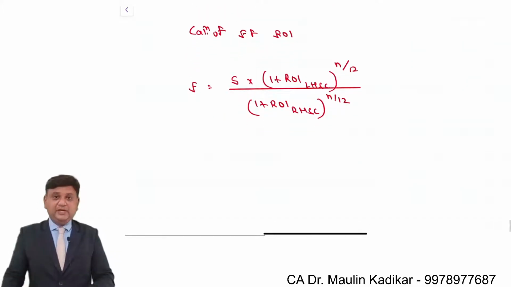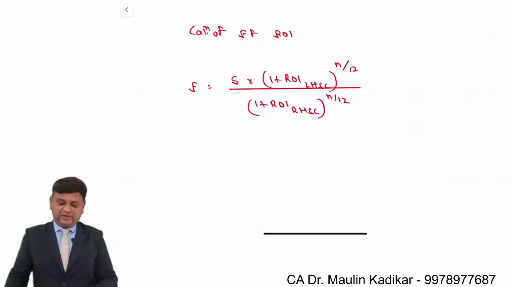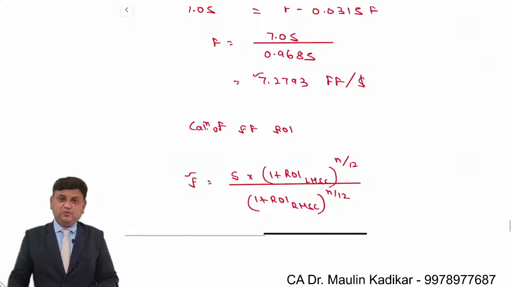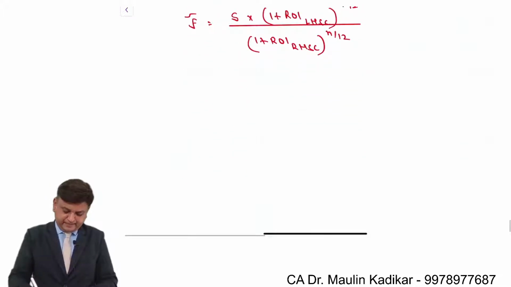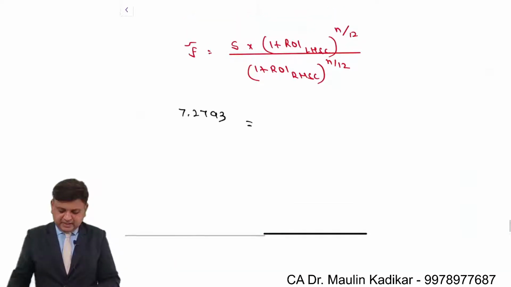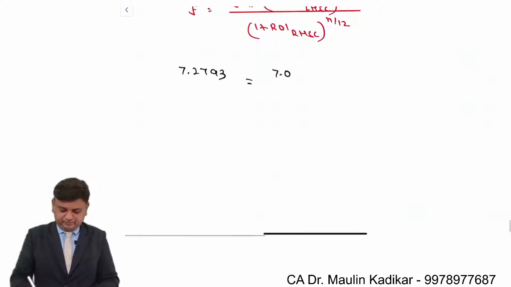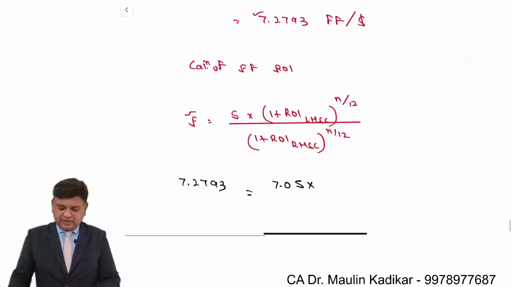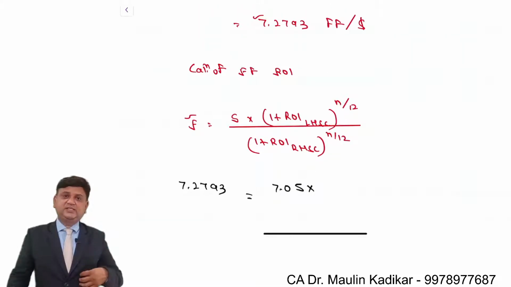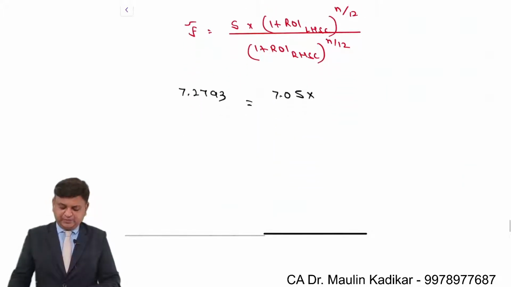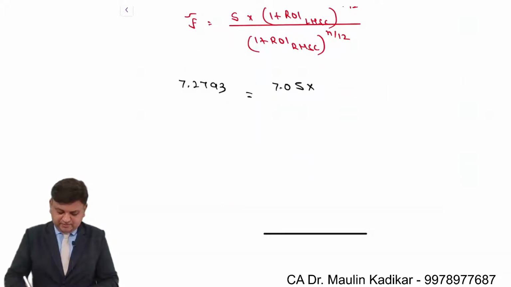That is the way we can compute the French franc rate of interest. What is the forward exchange rate? 7.2793 is equal to spot exchange rate 7.05. Now the left hand side currency is the French franc currency and the rate of interest for that currency is required to be found. So I am assigning the variable x to it.